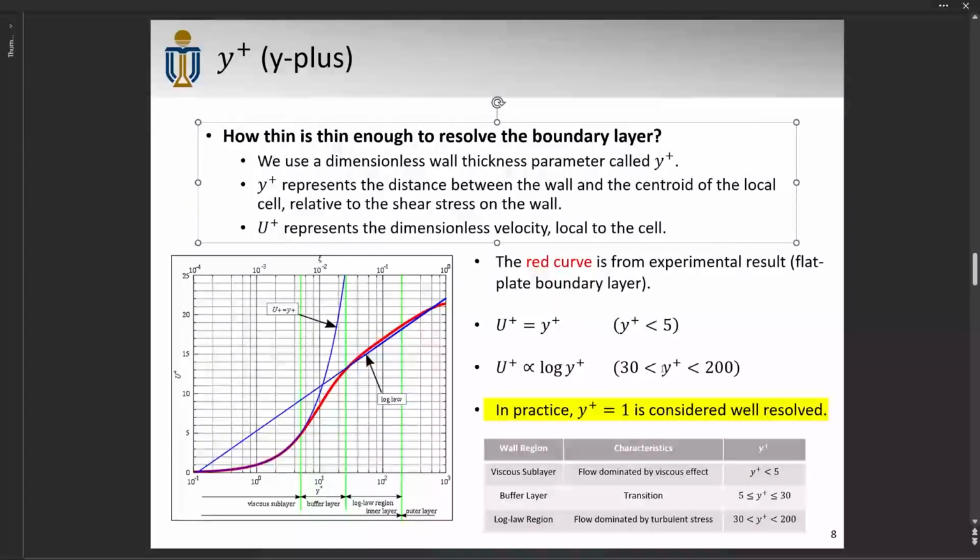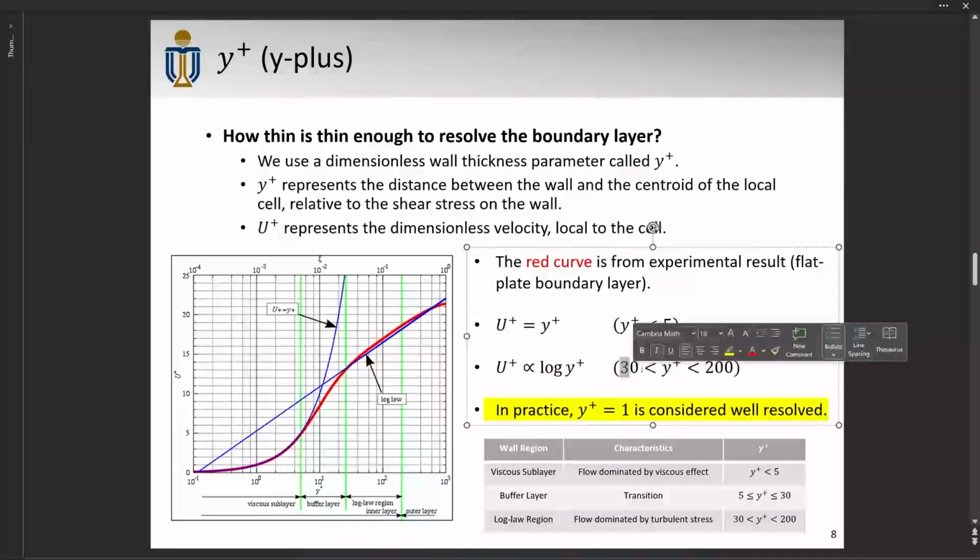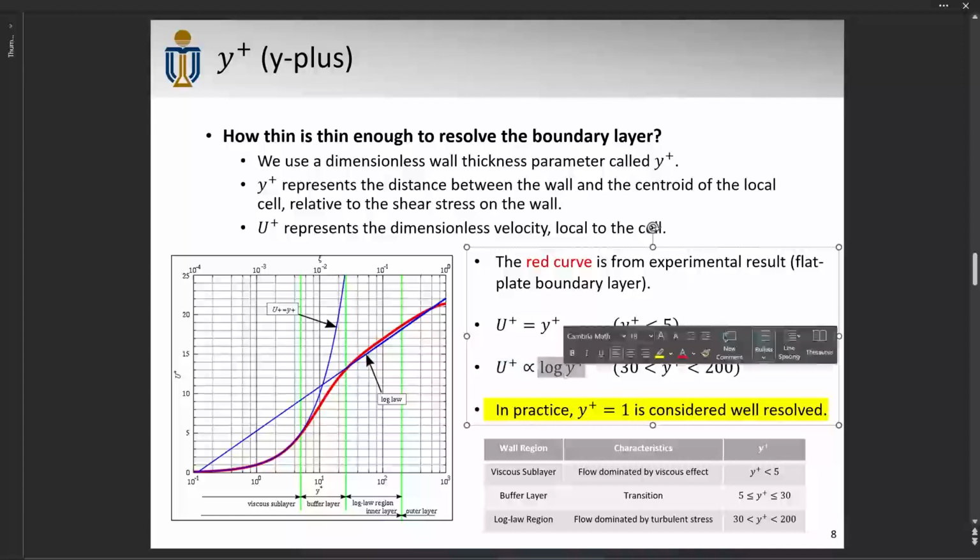Interestingly also, when the y plus value is between 30 and around 200, which is from this green line to this green line, and we call that the log law region, we see this relationship where u plus is a function of the log of y plus. And what that means is this blue line here looks like a linear line, but because we're in a log scale, this is a log relationship.